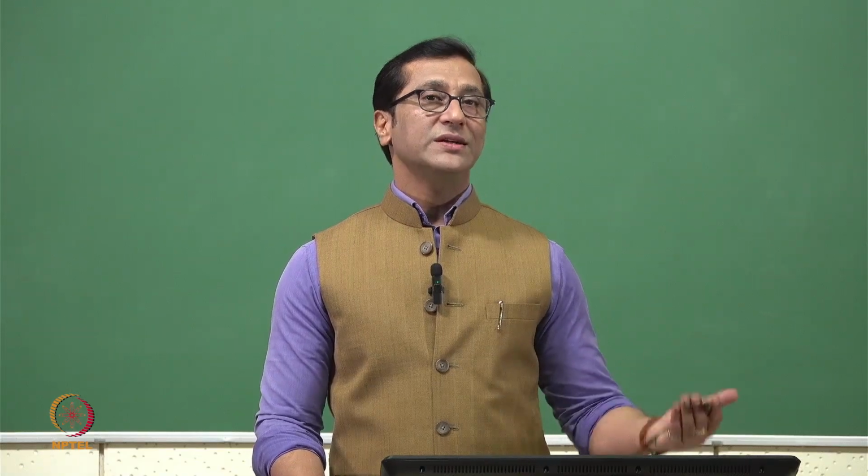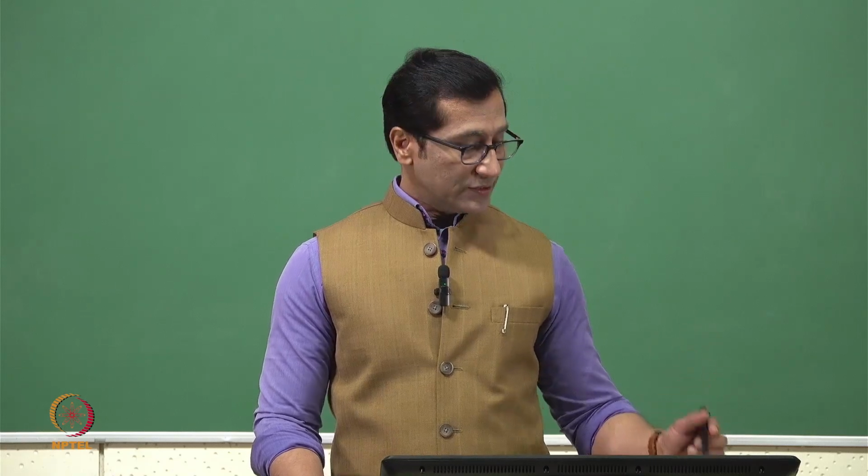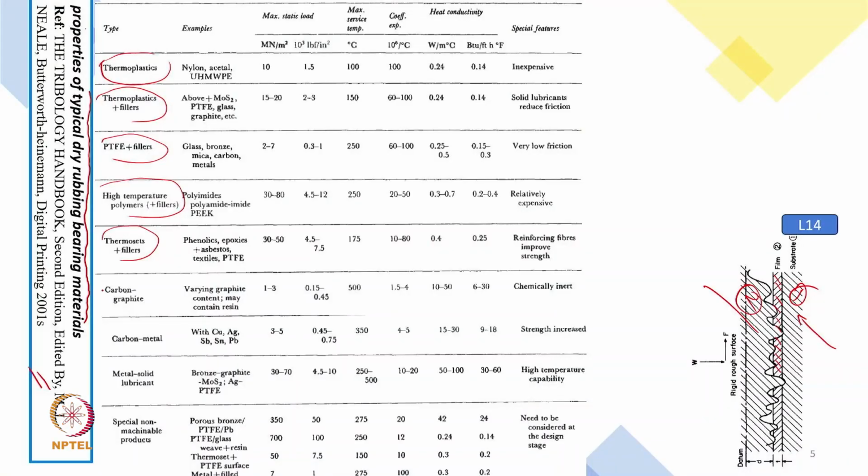We want to improve the properties of those polymers with the filler. Here is carbon graphite, which we have also used for one of the carbon graphite seals required for the steam environment.